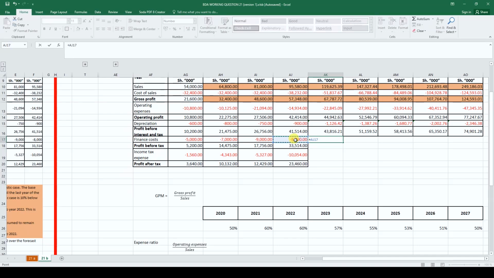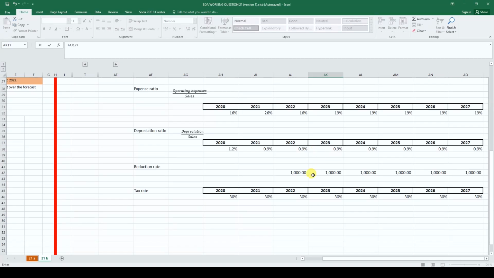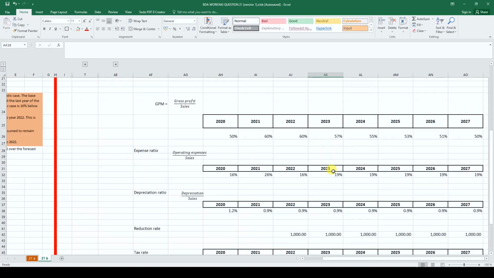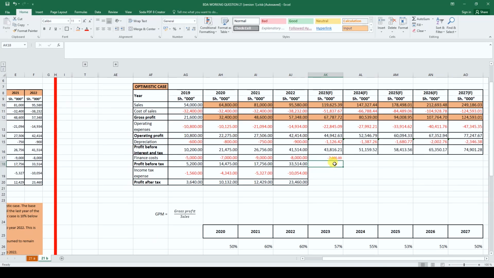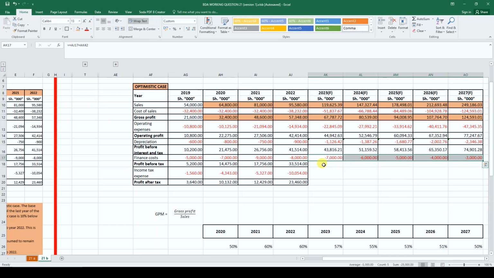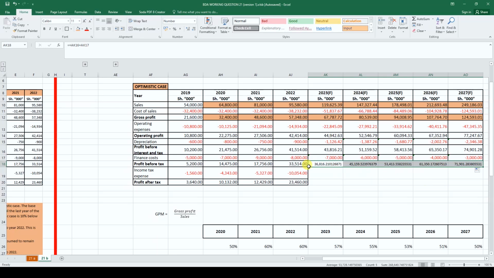Plus that one plus 1,000, yes, 2023, that. Yes, that's the correct value. Sorry, I was using the wrong formula. We drag it like that. Format painter. Profit before tax plus that, get that. We drag the formula like that towards the right, and we use format painter.